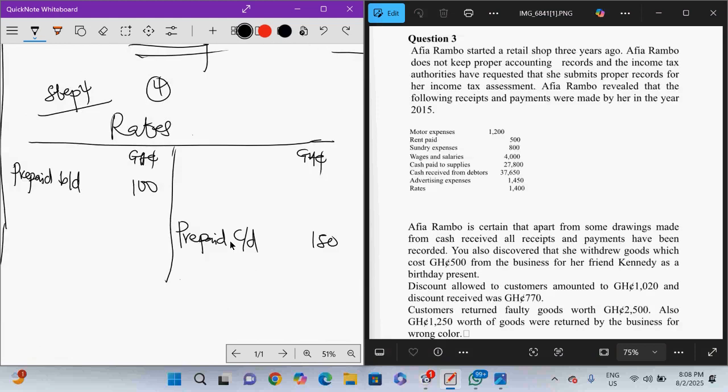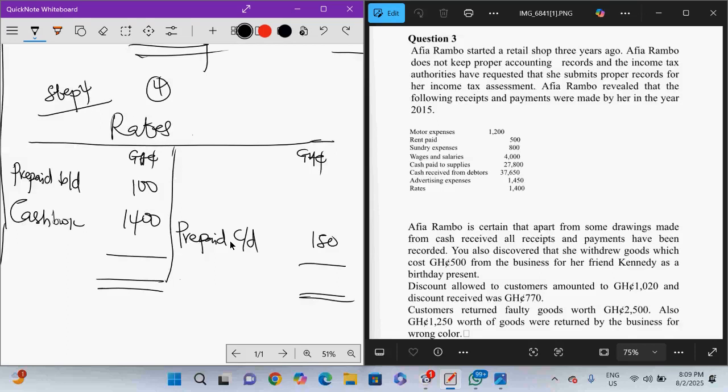We are going to debit the rate account in the name of cash book, an amount of 1,400. What else? I think that is all. So what will be the total?